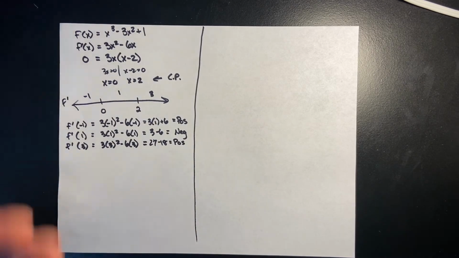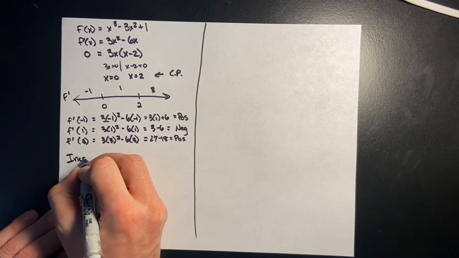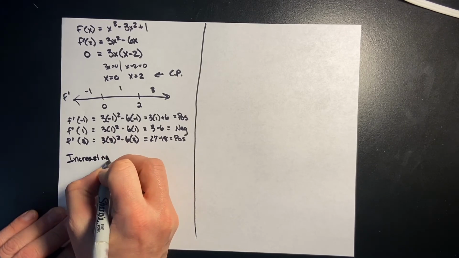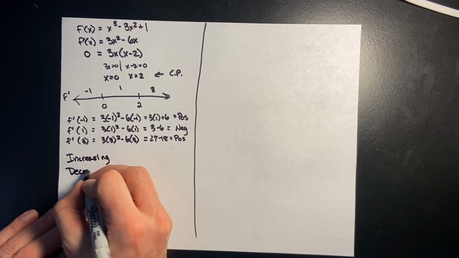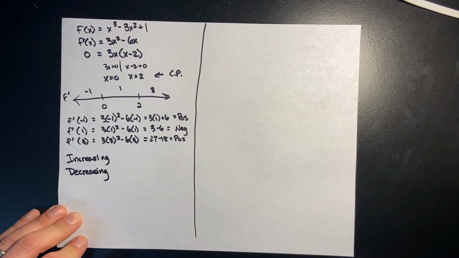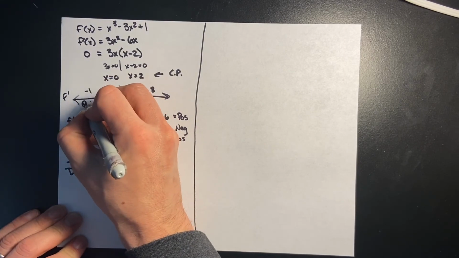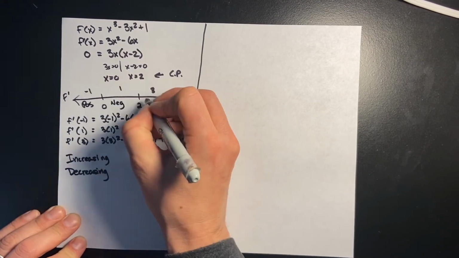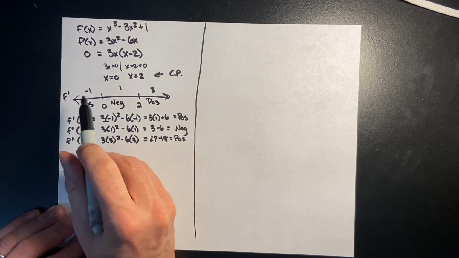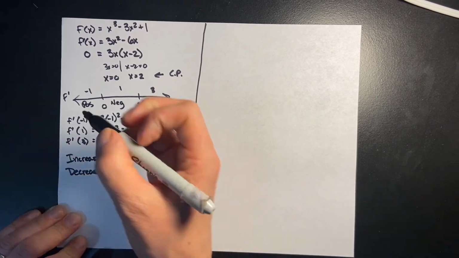So in this problem, I can say that I'm really bad at writing and talking at the same time. But I can also say that since it's positive, negative, positive, that means that this right here is increasing, that's decreasing, and that's increasing.